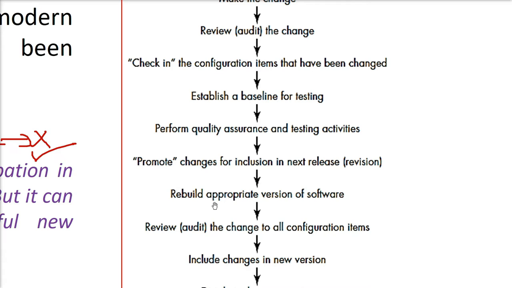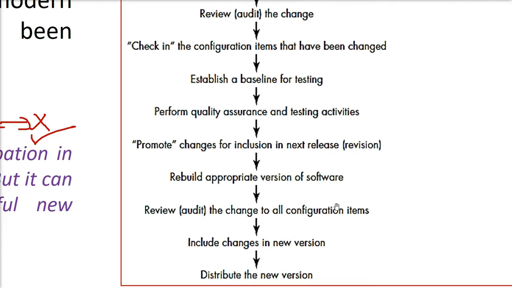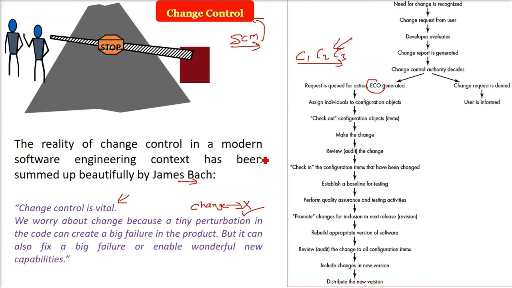Then we again review or audit the change to all the configuration items, because one item is related to multiple items. Then we include the changes in a new version. And finally, we have to release it. So we distribute the new version. So this is the whole process of change control being followed.